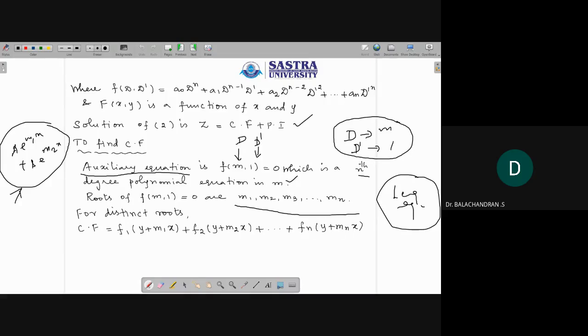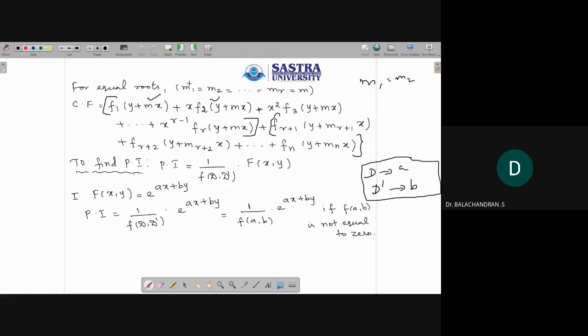Now for equal roots, suppose out of n roots, r roots are equal. So for equal roots, first you should write f1(y + mx) + x f2(y + mx) up to x^(r-1) fr(y + mx).